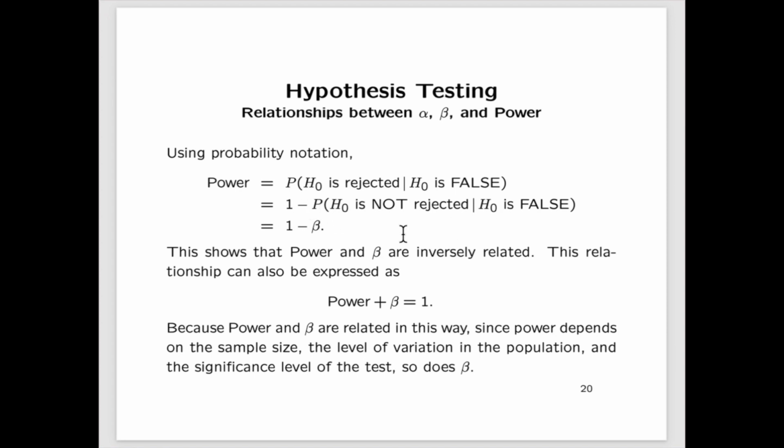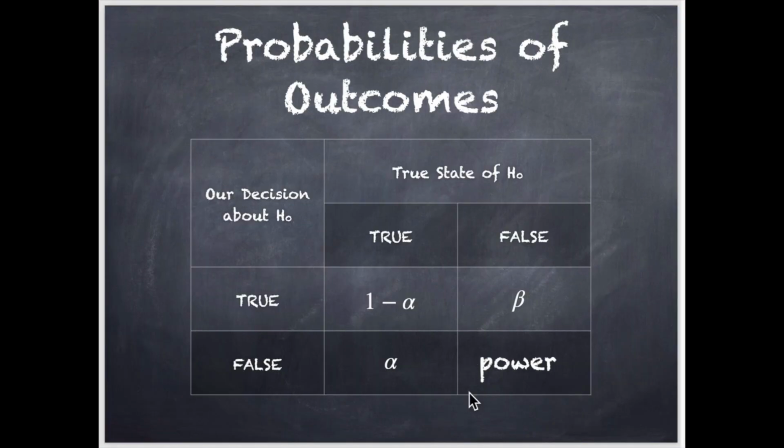And that conditional probability is just beta. So power is equal to 1 minus beta. Now, we could also express this as the sum of power and beta being equal to 1. And that's really what we said on the previous slide with this two-way table. The columns have to add up to 1. And so in this last column, that would mean that beta plus power is equal to 1.